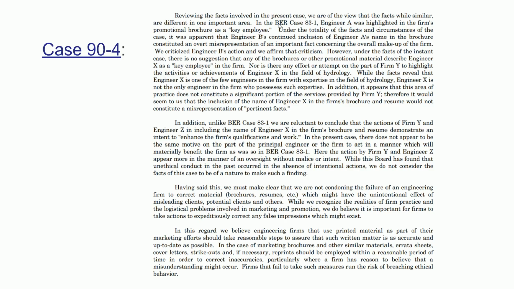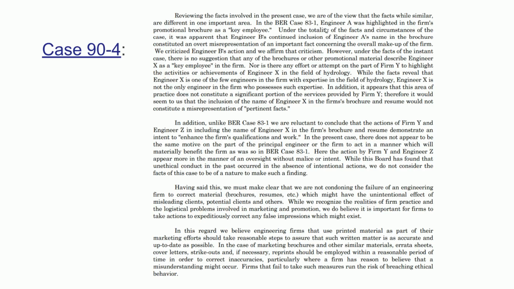And in particular, I don't know if you can read this, but this analysis is comparing to a prior case that they reviewed, case 83.1. So in 83.1, there was another engineer who was a key employee, and then the firm continued to represent the engineer as part of the staff.